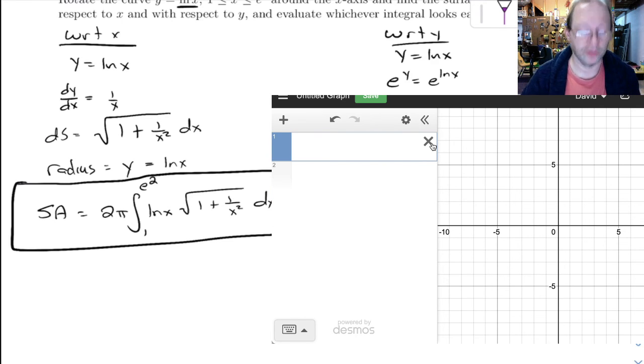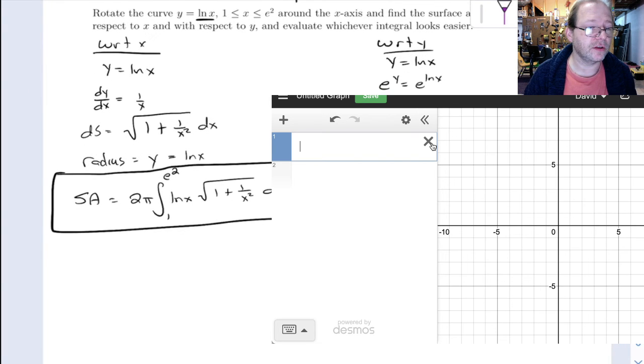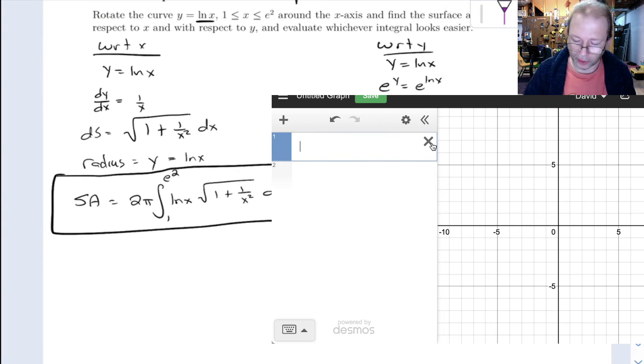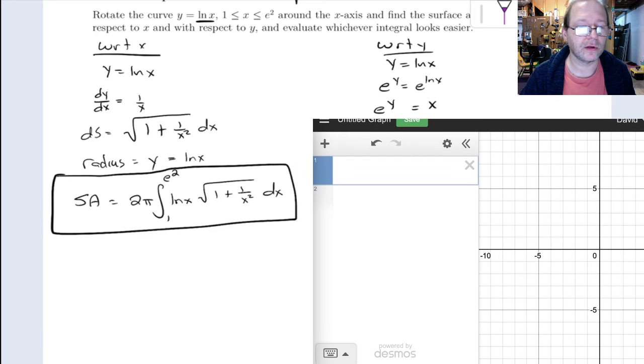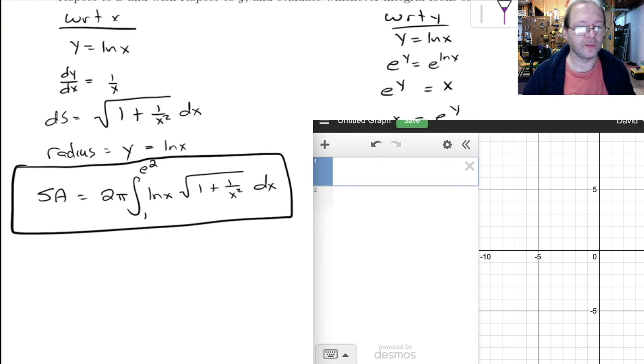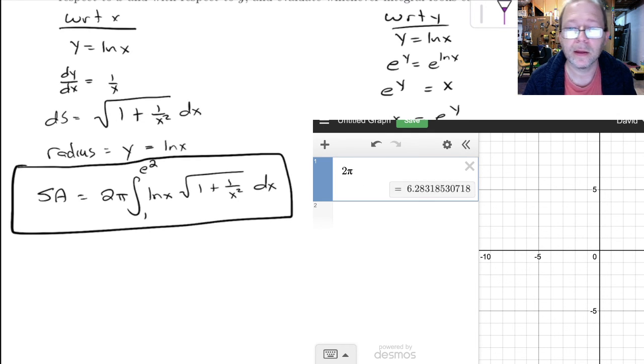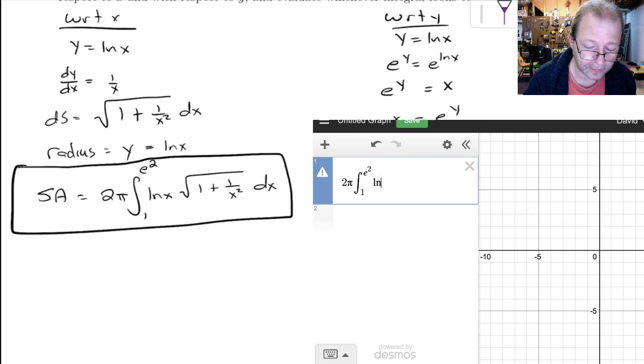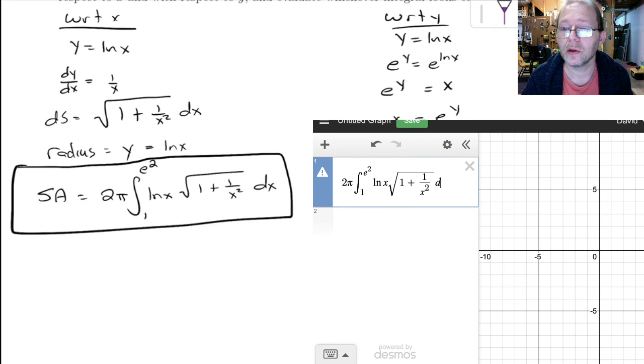For starters, I'll do the one that I can see. I thought I could move that over, but I guess I can't. I can move this one. So if we put this integral in, we get 2 pi integral from 1 to e squared of ln x times square root of 1 plus 1 over x squared dx.